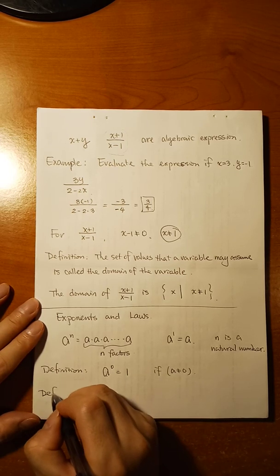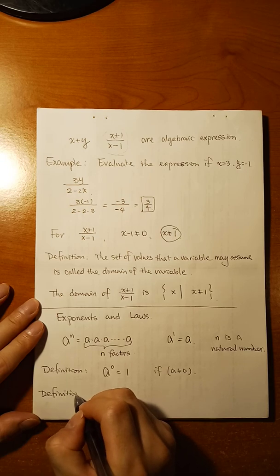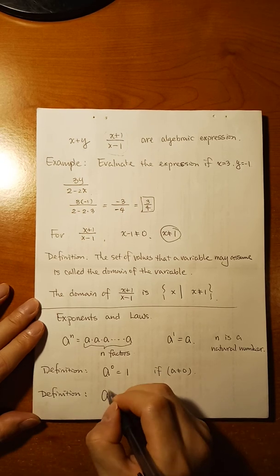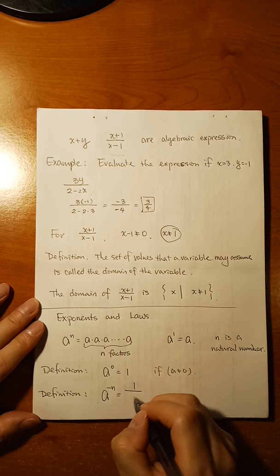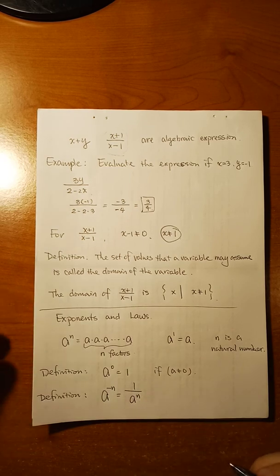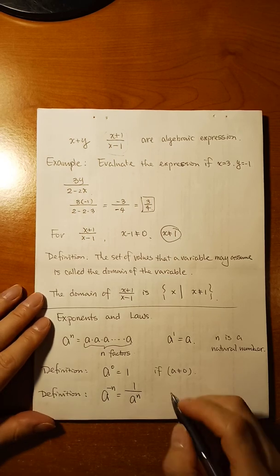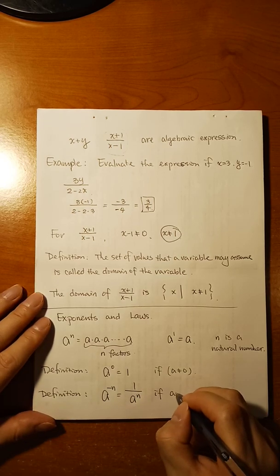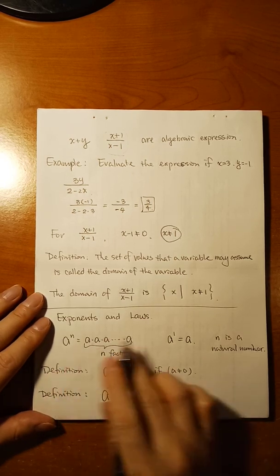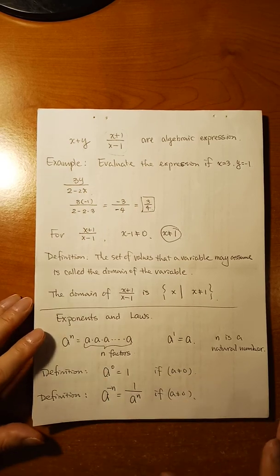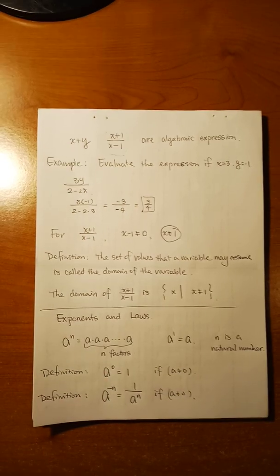And if we have a negative exponent, it means we flip it to the denominator. A to negative n is 1 over a to n. Again, a is not equal to 0. Whenever you have a product, you don't count 0 because you multiply by 0, it's always 0.